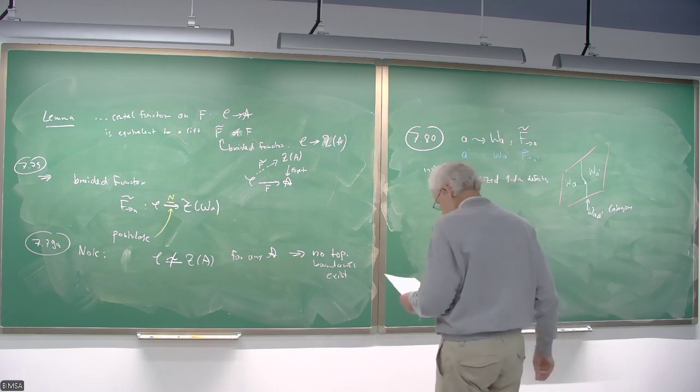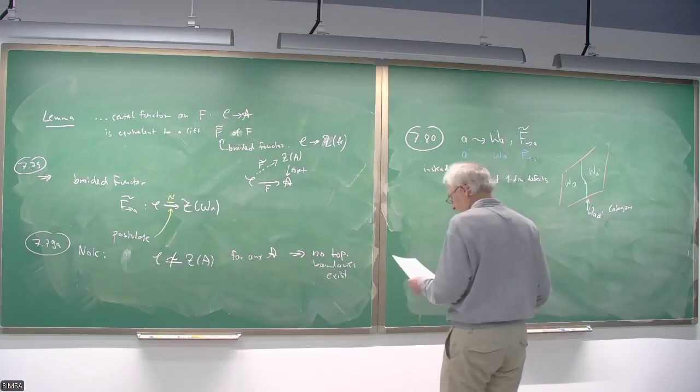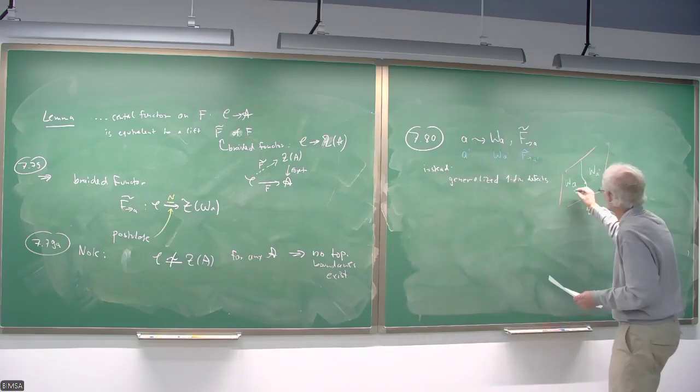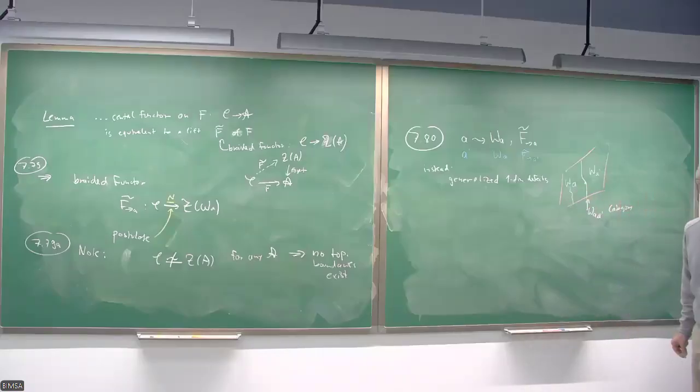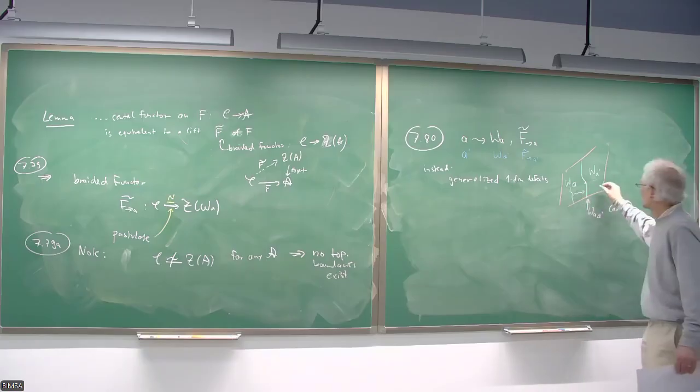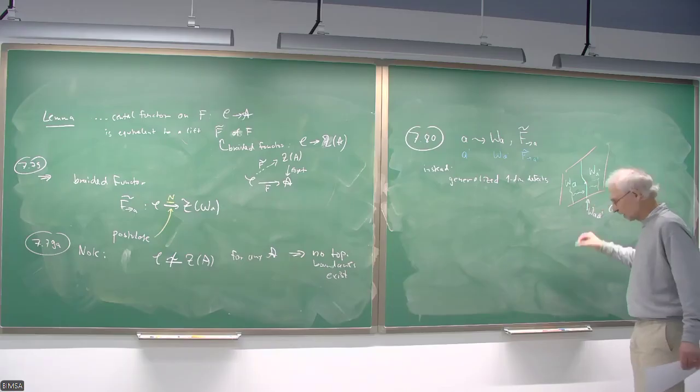And then I can consider the situation that I take the W_A line here and fuse it with this line, and it should make sense. And analogously one from the side.